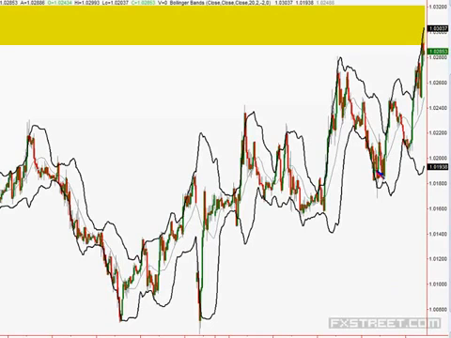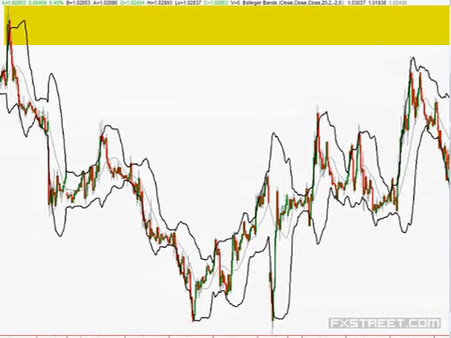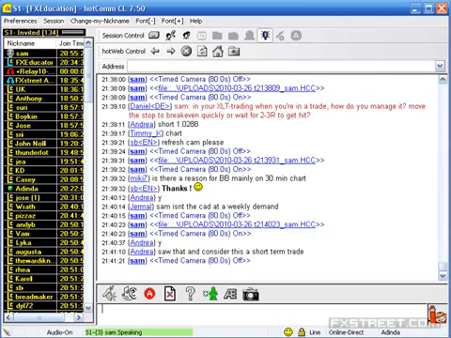So the things you're probably going to want to consider are: should you pick multiple targets for this short position, or might it be a smarter move to get out in one chunk at a pretty reasonable target? You know what I mean? Let's put a target on this chart. So here's the nearest significant demand below, okay? And I'm going to put the target just before that area, and then I'll recapture the chart for you.